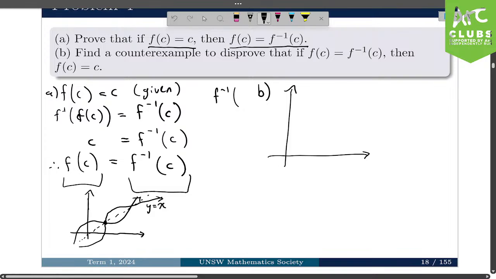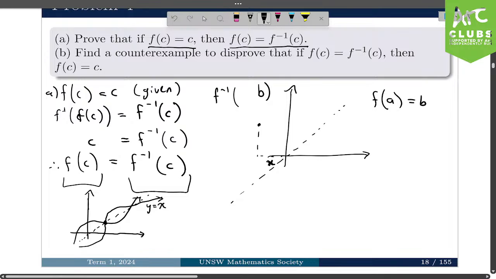Say, for instance, so here's our diagonal line. We have some point on our graph, right? On our graph of f of x. So say f of a equals b, okay?